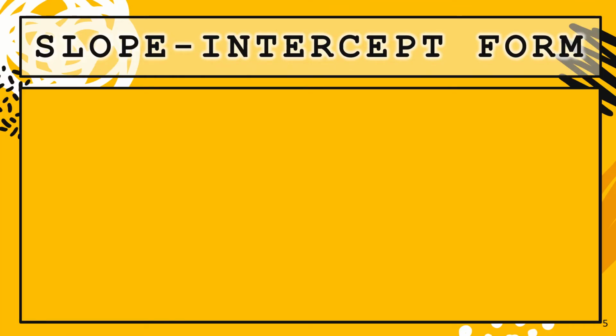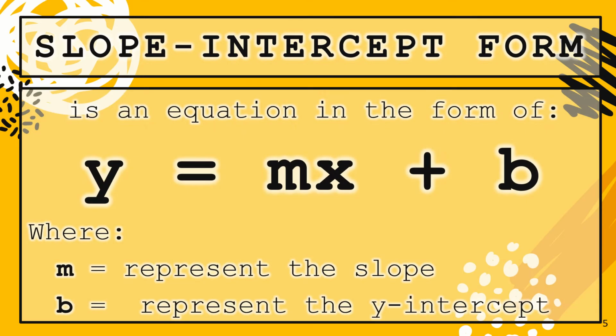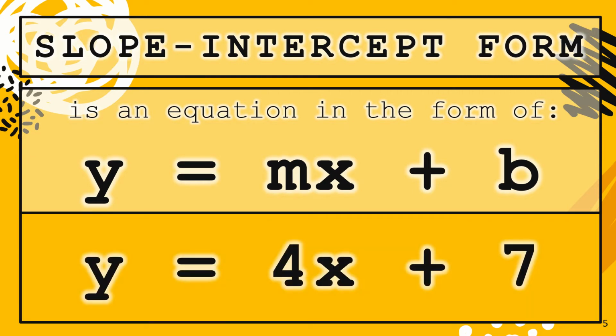Slope-intercept form is an equation in the form of y = mx + b, where m represents the slope and b represents the y-intercept. Let's have this example. If we have y = 4x + 7, what is the value of the slope?